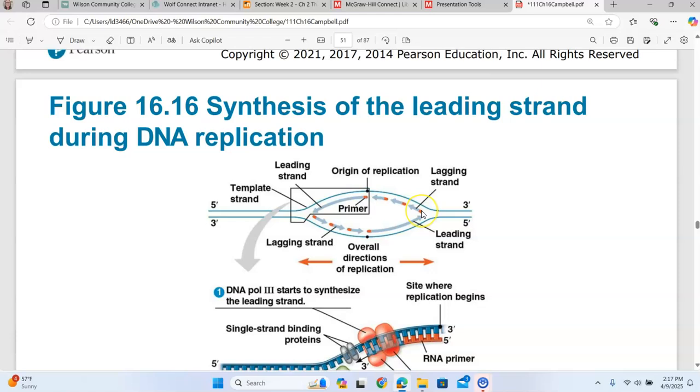Because it's running in the wrong direction, DNA polymerase can only add a few nucleotides at a time. So it does one little piece and one little piece and one little piece in little fragments, and they're called Okazaki fragments. Then for the lagging strand that's only been replicated in fragments, another enzyme called ligase has to come in and link those fragments together.